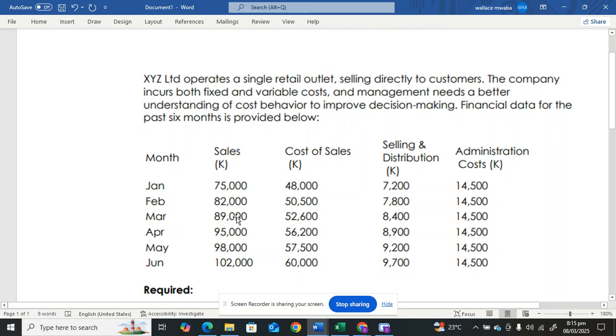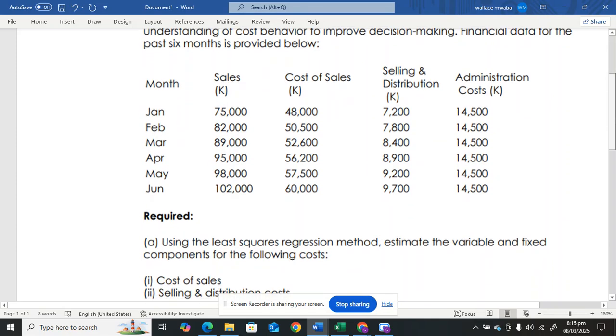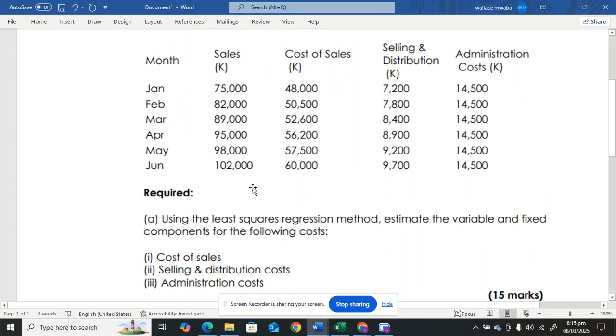We have the sales information, cost of sales information, selling and distribution, and administration costs. Using the least squares regression method, estimate the variable and fixed components for the following costs: cost of sales, selling and distribution costs, and administration costs.